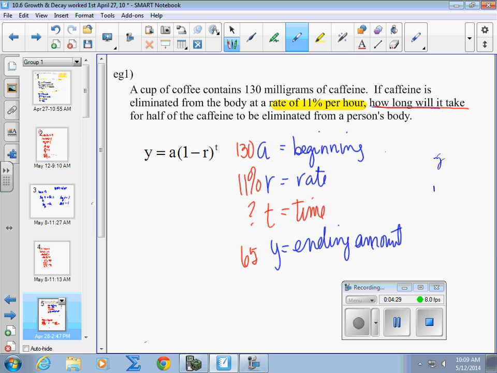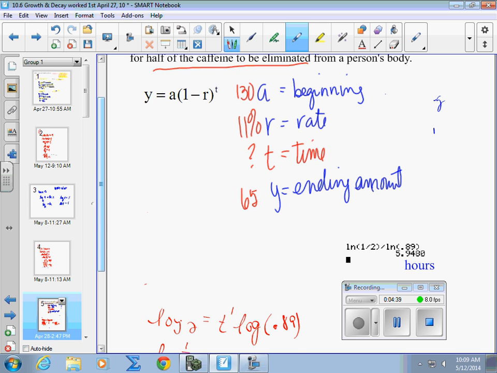It says half of the caffeine is to be eliminated. That's why it's 65. So put those numbers in our formula. So we have 65 is equal to 130 times 1 minus the rate. We're changing it to a decimal, so decimal .11 raised to the t.